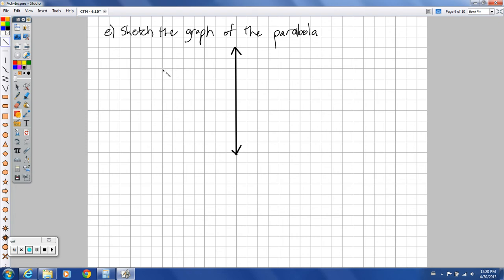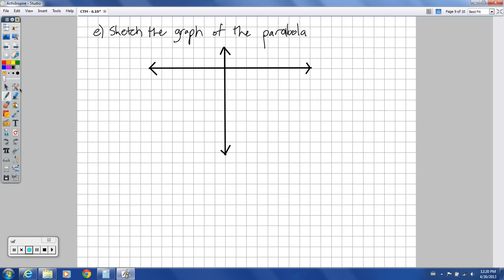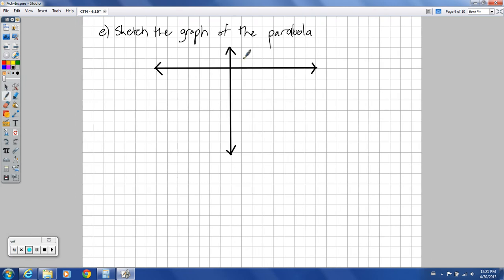I don't need much in the positive direction for y values, because it only gets as high as 1, 1. That is the highest point it gets at. So right here, let's draw that. We've got a point at 1, 1. This is the vertex of that parabola. And let's draw our axis of symmetry.